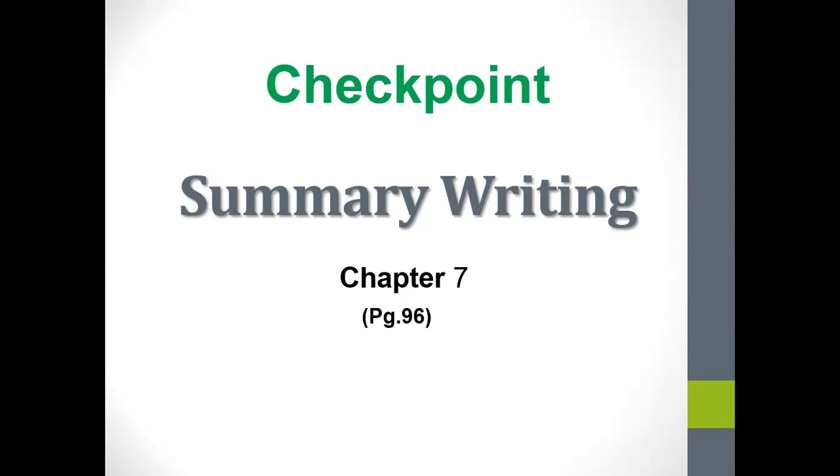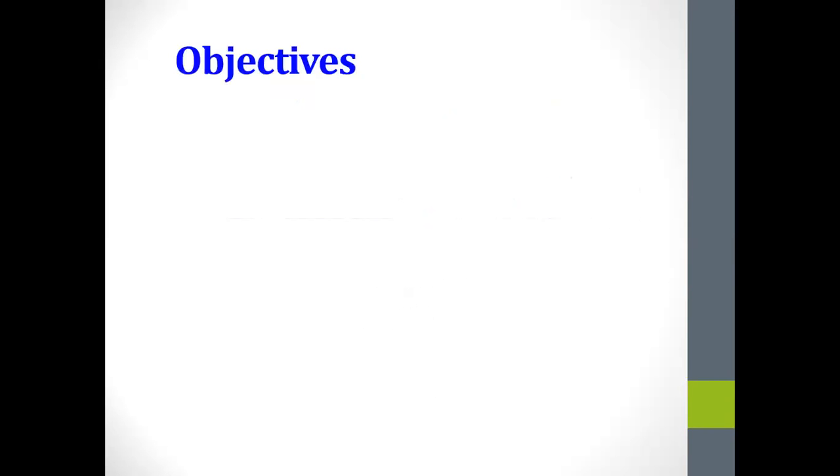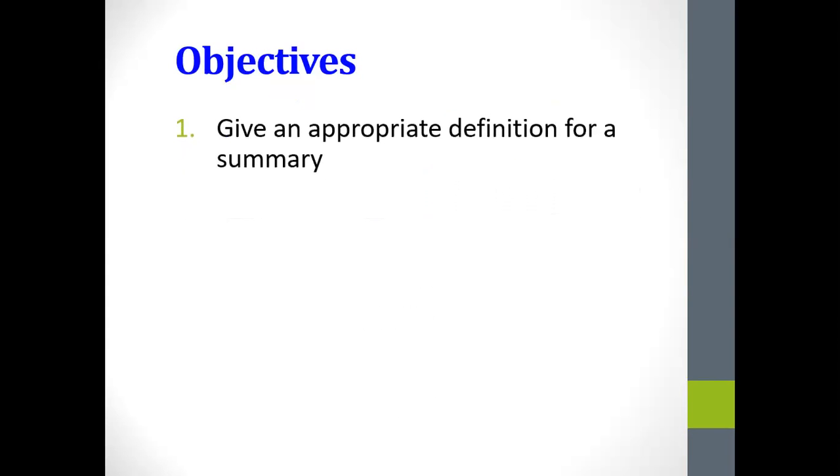Some of you would think that, okay, I can make a long piece of writing short. That's easy. I'm going to take some pieces of information and just stick them together. And hey, I made the summary. But no, it needs some strategies, some techniques, and some work. So open your books, chapter 7, page number 96. During this course, we're going to learn some topics.